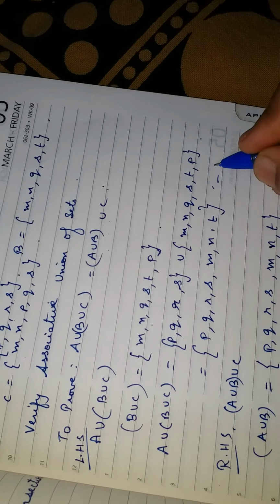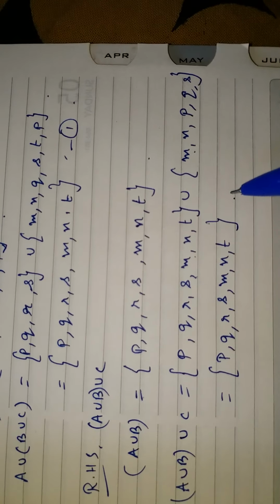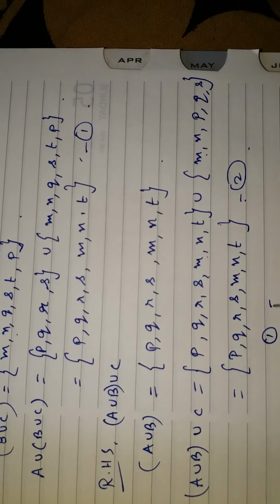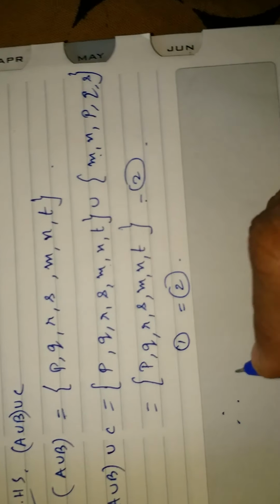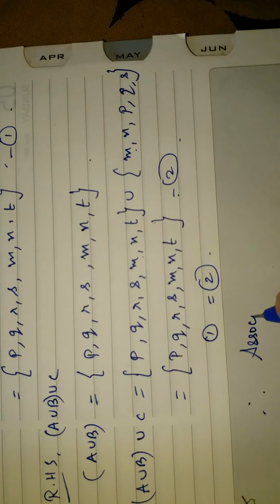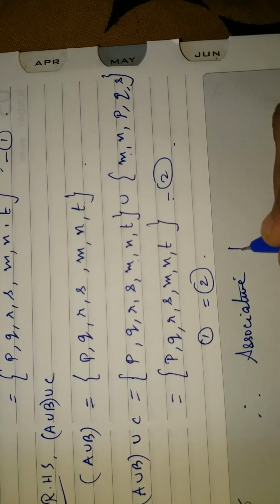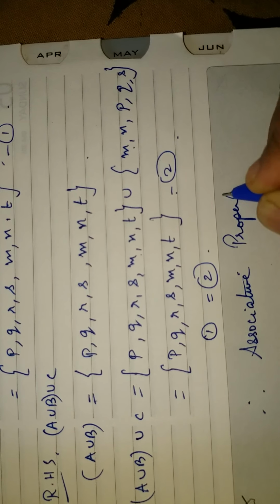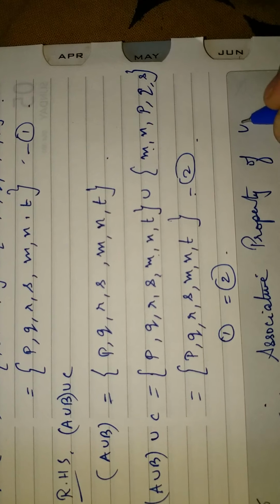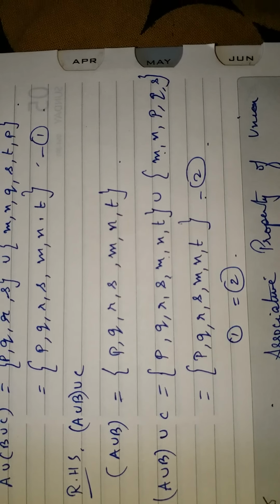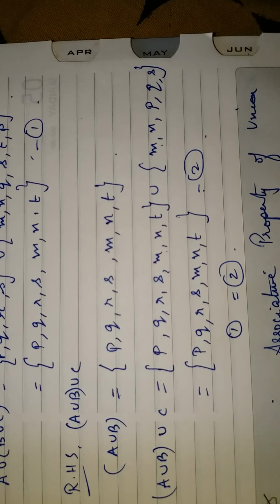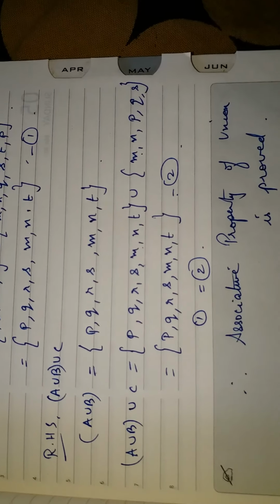So see, this is your first one, this is your second one. So 1 is equal to 2, therefore the associative property of union is proved. Okay.